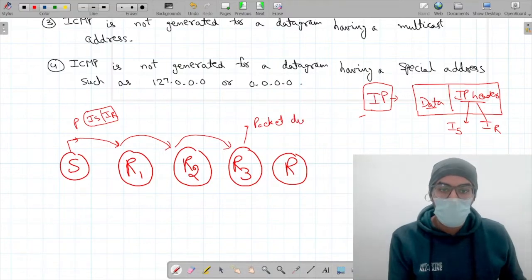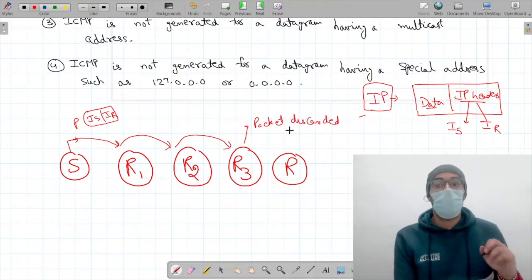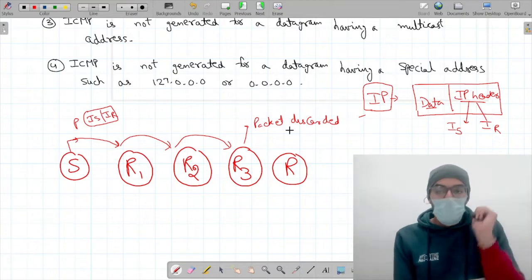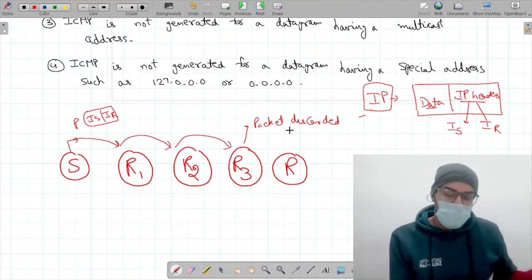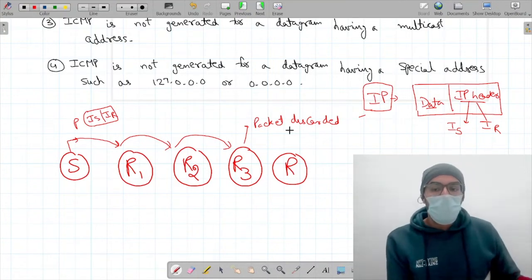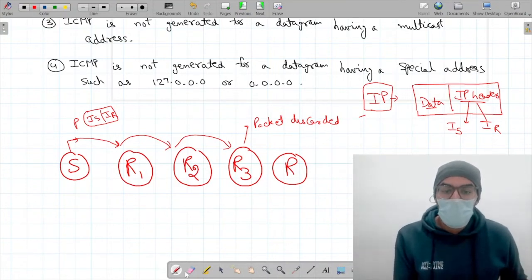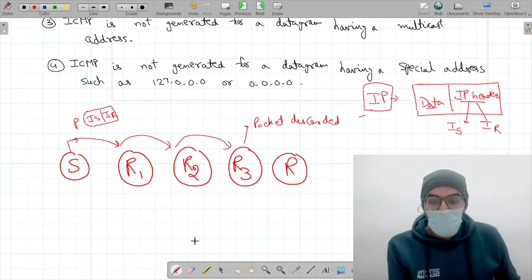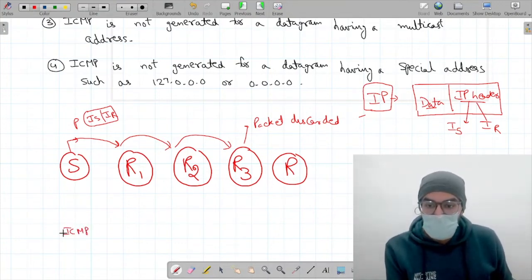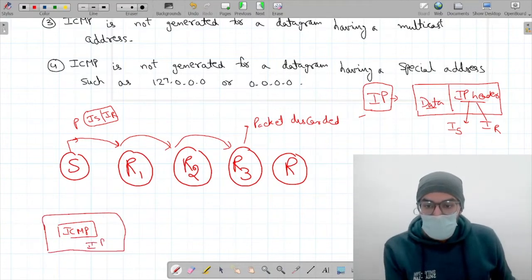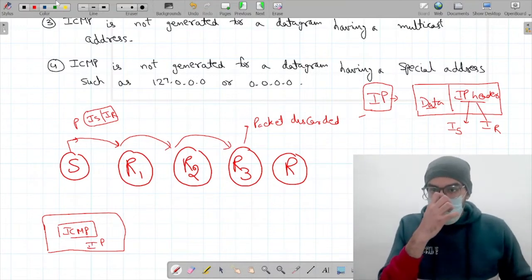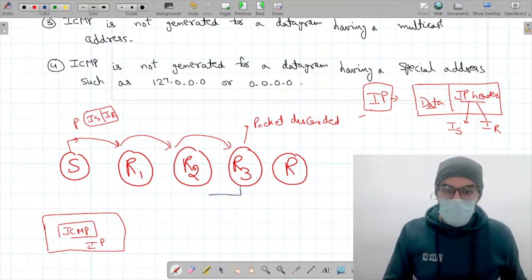We have already studied that whenever a packet is discarded by any node in between or even by the final destination, we report to the sender that I have discarded your packet, and that reporting is done using an ICMP message, and that ICMP message is actually encapsulated inside an IP packet. Now when I send this ICMP message inside the IP packet, I will write this as the IP packet and this as the ICMP message.